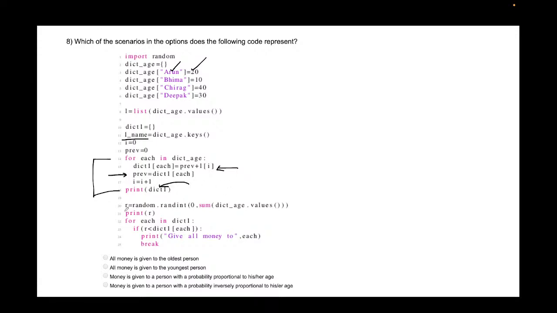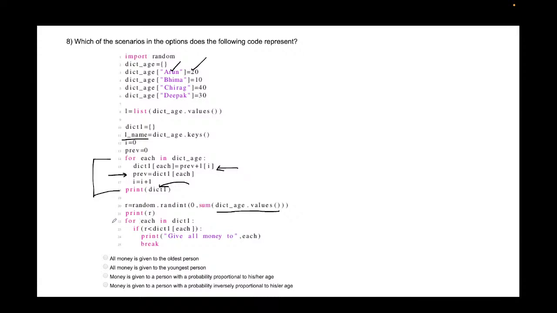After that we are generating a random integer between 0 and the sum of all their ages. What is given in the bracket corresponds to these ages. So in this range, a random number is generated. We are printing that.